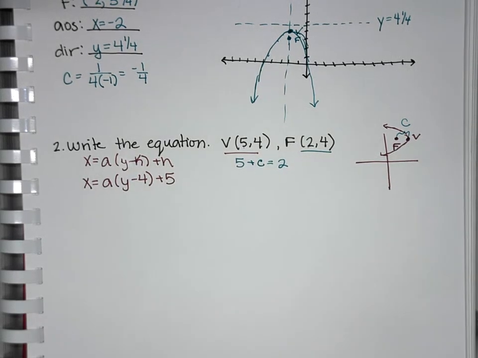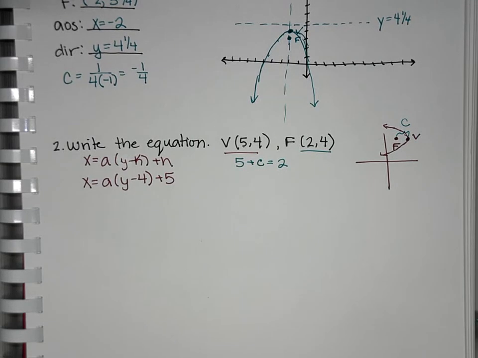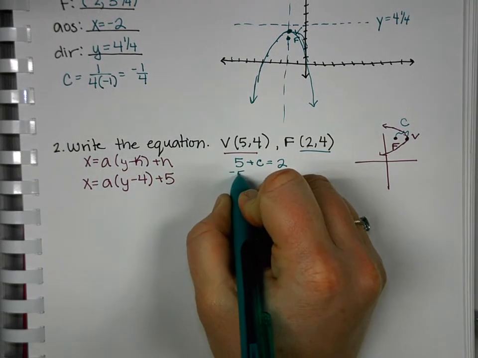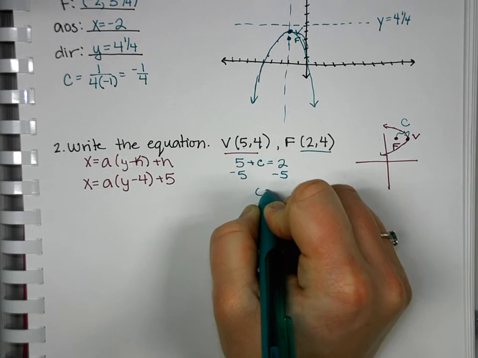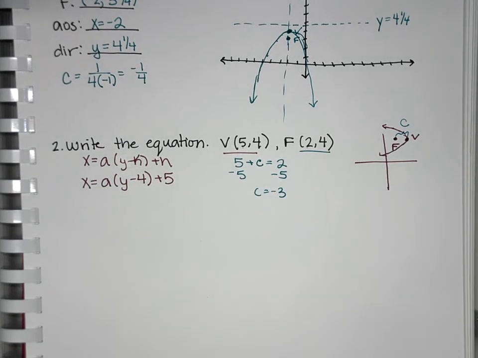Because we're starting at our vertex, what did we have to do to go from that vertex value of x to the focus value of x? Well, subtract 5, we went negative 3. So I know my c value is negative 3.